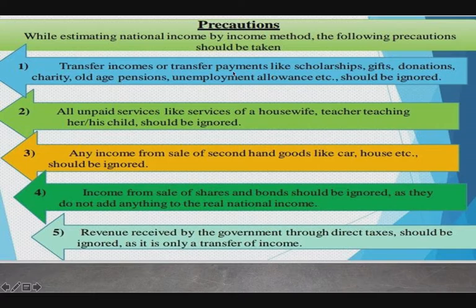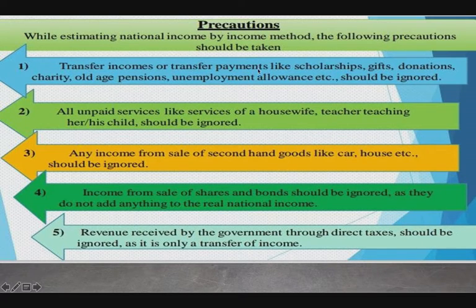So, what are the forms of transfer income? Scholarships, gifts, donations, dowry, charity, old age pensions, unemployment allowance, etc. All these types of transfer payments should be ignored while estimating the national income by the income method.